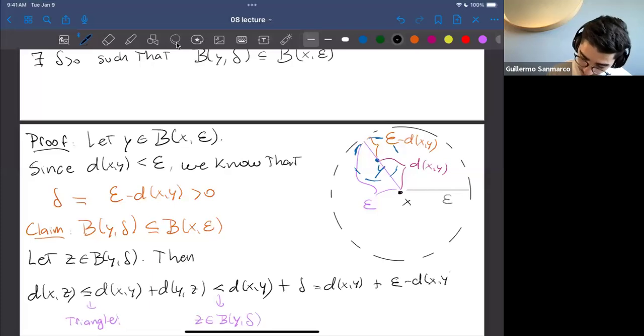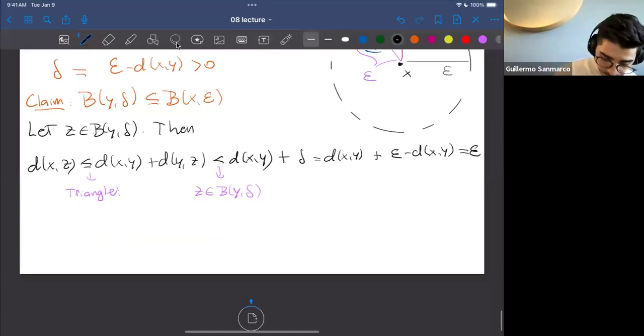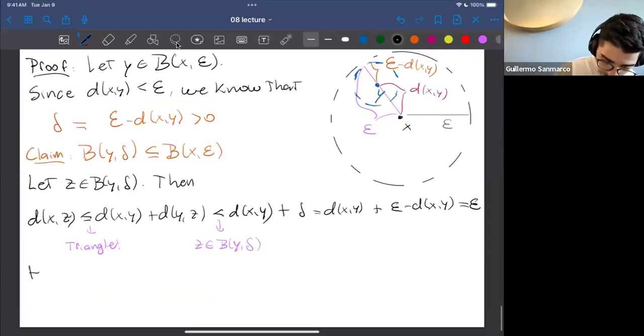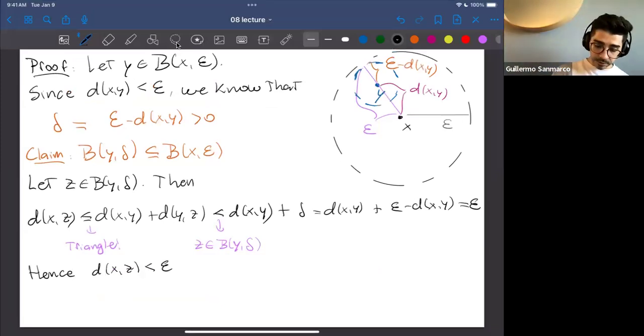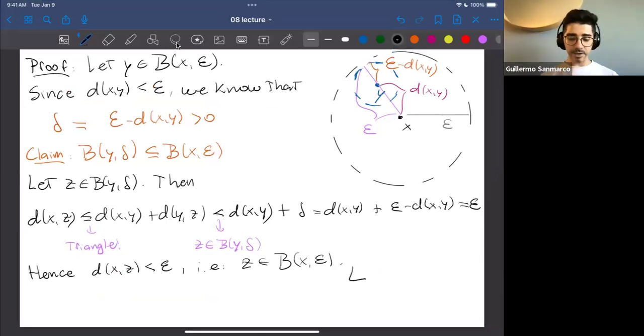And now this is exactly epsilon. So what we just proved is that the distance from x to z is at most epsilon. Or in other words, this z is in the ball that we want. And that proves our lemma, because z was an arbitrary element in this ball.